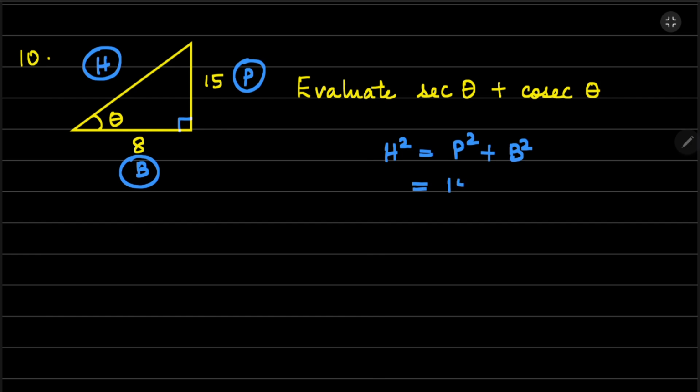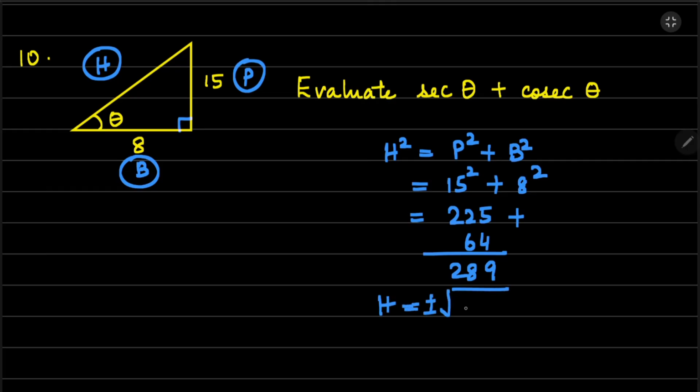So what is p? 15 square plus 8 square. 15 square is nothing but 225 plus 64. So what do you get? 289. So h is nothing but plus or minus root of 289, which is actually 17. Okay, so once you know h, now let us find out what is secant theta.